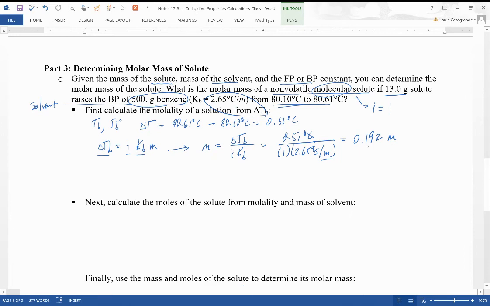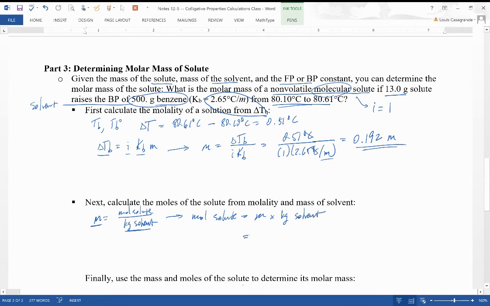So far, so good. We're going to take that number now. And remember that molality is equal to the moles of the solute divided by the kilograms of the solvent. But we know the molality and we know the kilograms of the solvent. We had 500 grams of benzene, or 0.5 kilograms. Rearrange and we get that the moles of the solute is equal to the molality times the kilograms of the solvent.